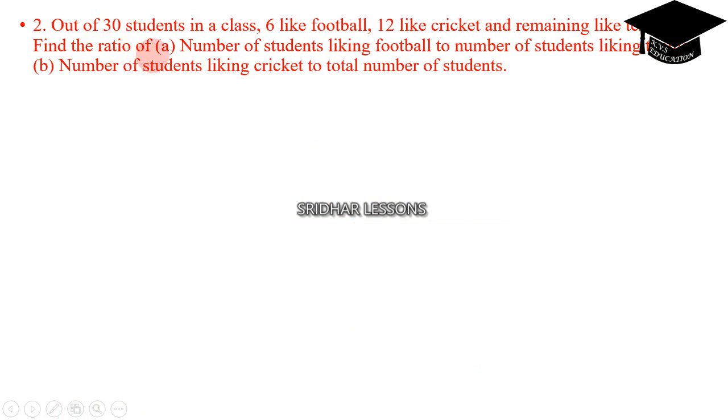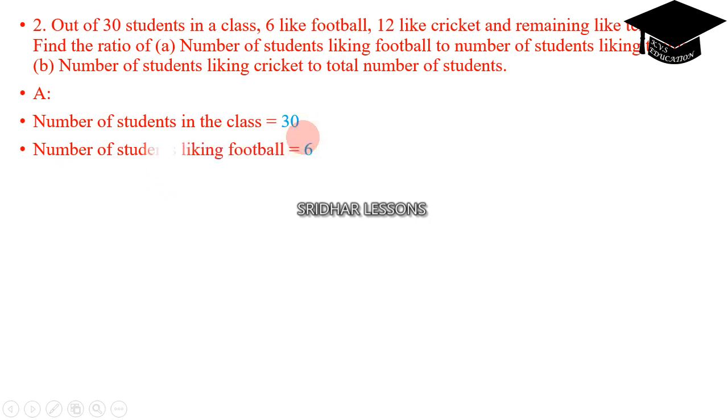Question number 2. Out of 30 students in a class, 6 students like football, 12 like cricket, and the remaining like tennis. Find the ratio of the number of students who like football to the number of students who like tennis. The number of students in the class is 30, it was given. The number liking football is 6, also given.